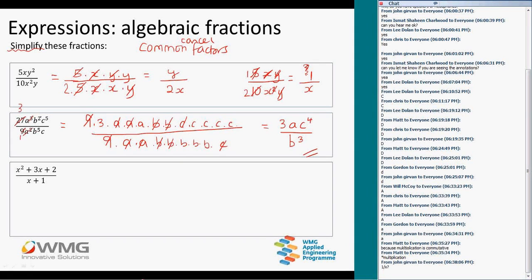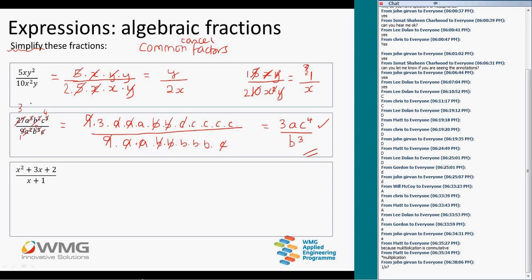C from here, so I'm left with a 4. I see A, C to the 4, which is what I had here in the denominator, but it looks quite messy. So just be careful when you're doing that, because there's lots of small numbers everywhere.